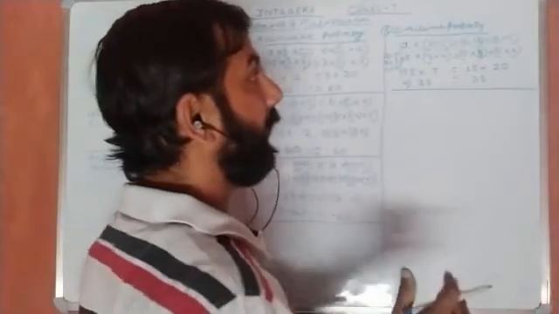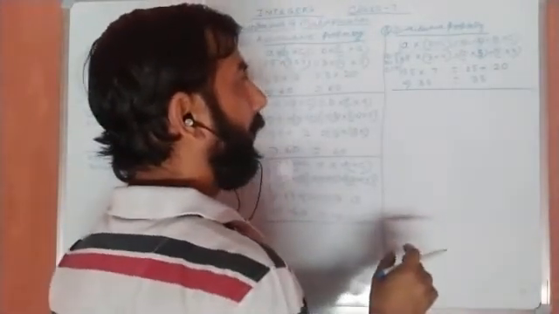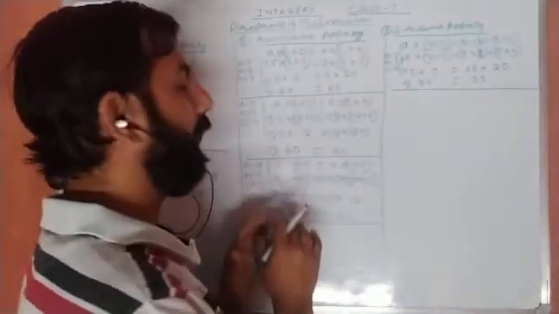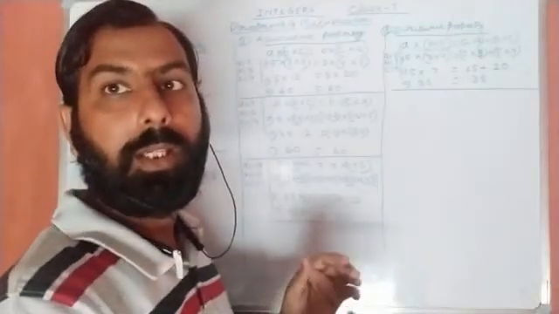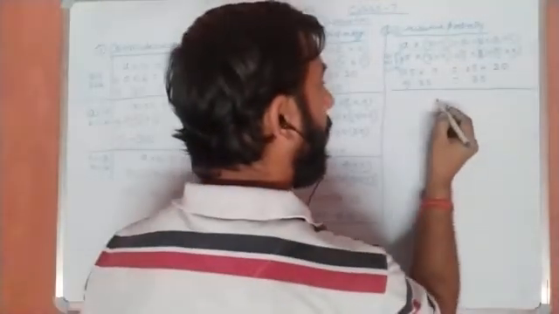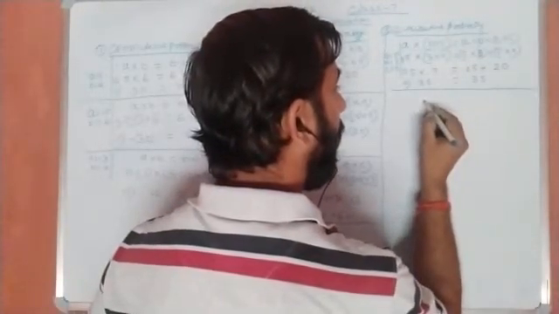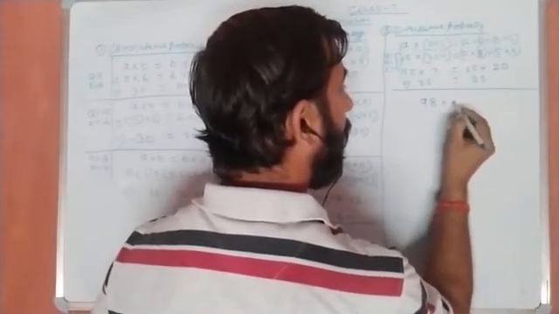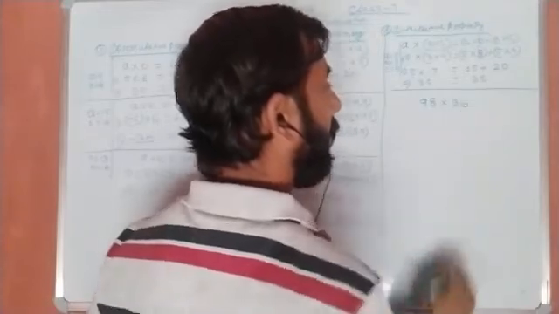Let's take another example. In multiplication, you can do it the same way, but now suppose there is a number 98 into 36.